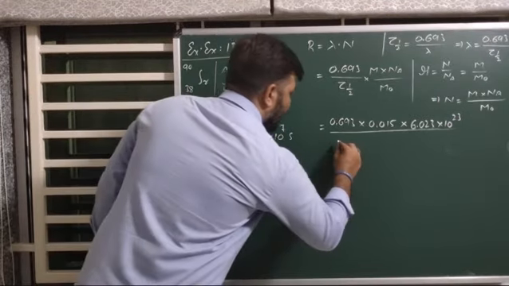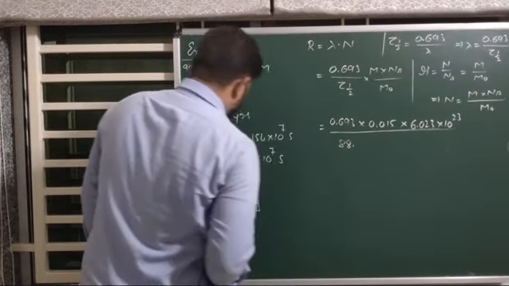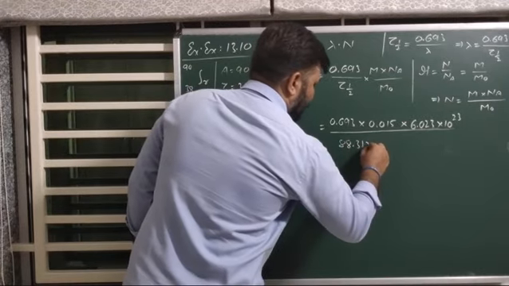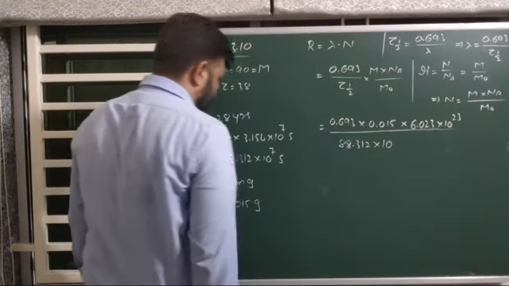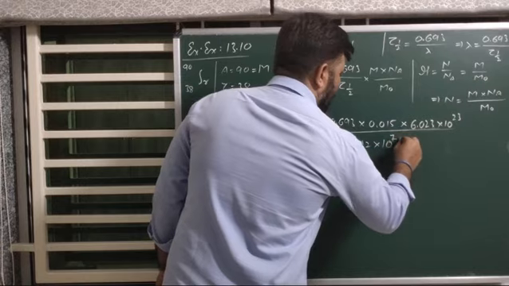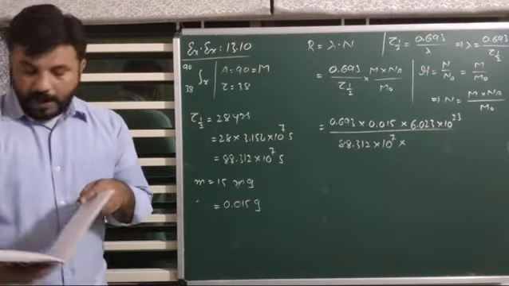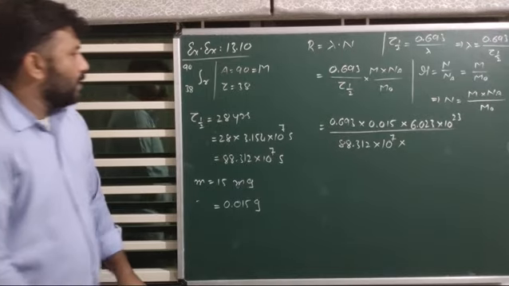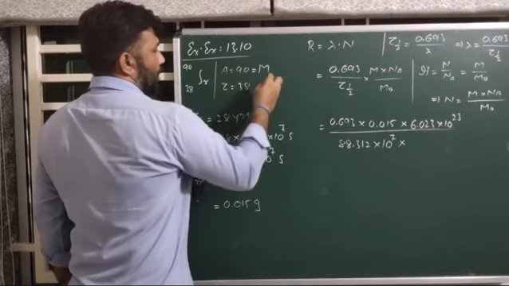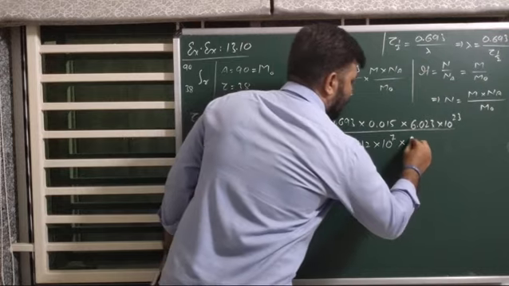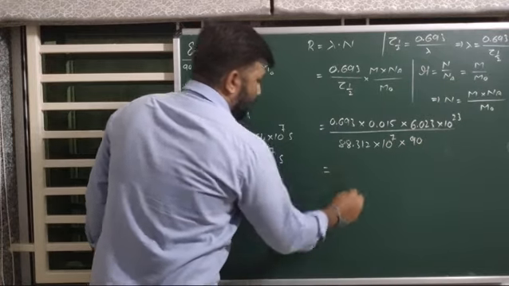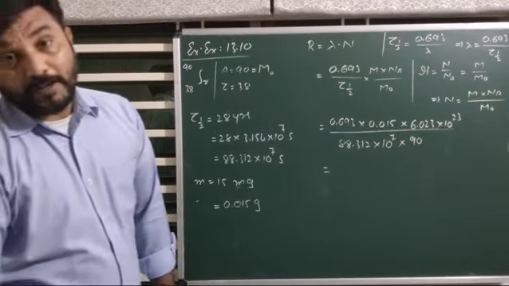It is here 88.312 multiplied by 10 to the 7, multiplied by Mo. What is Mo? That is atomic mass, and atomic mass is 90, right? Multiplied by 90. Do the calculation, find the answer.